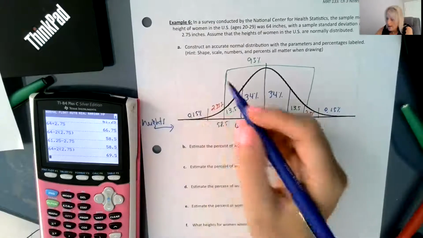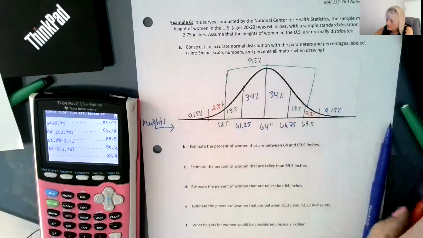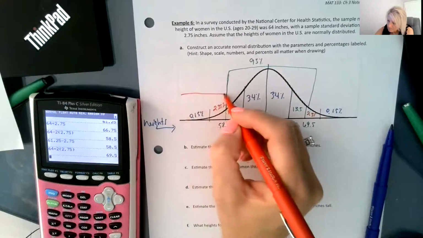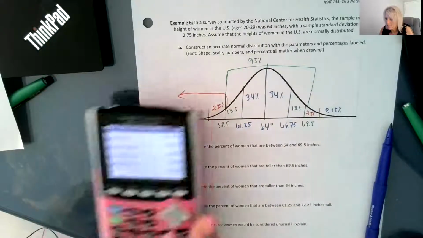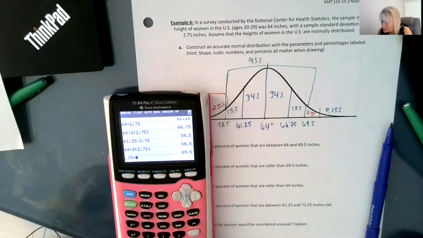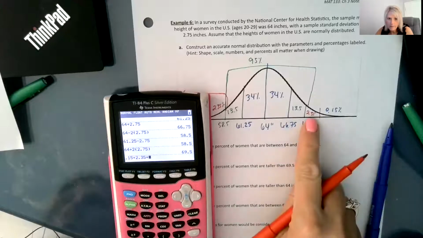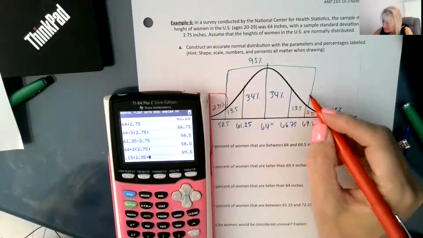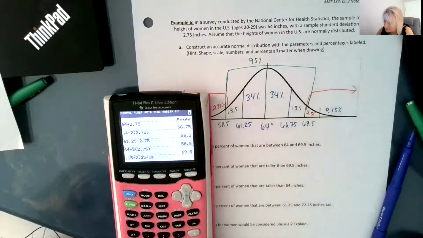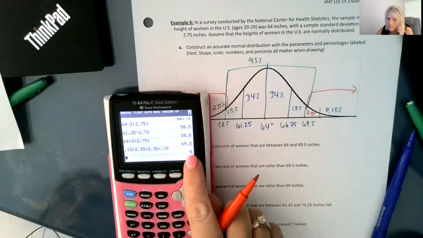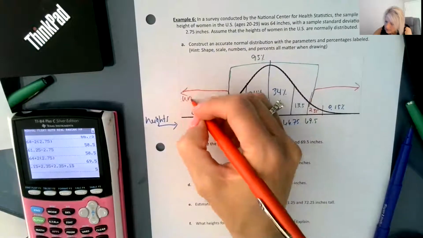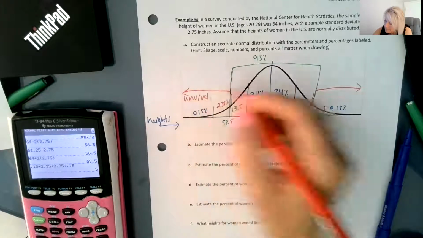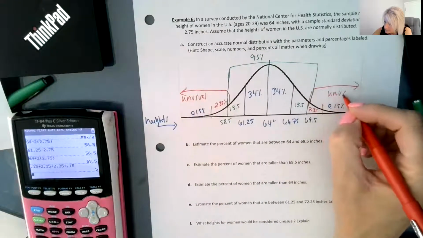And so if you add 0.15 plus 2.35 plus the ones over here, 2.35 plus 0.15, that's where we get our 5%. So everything outside of here is unusual, and everything outside of here is unusual.